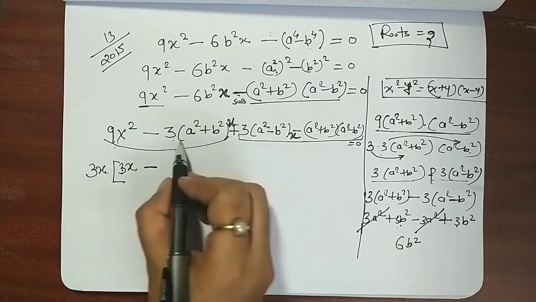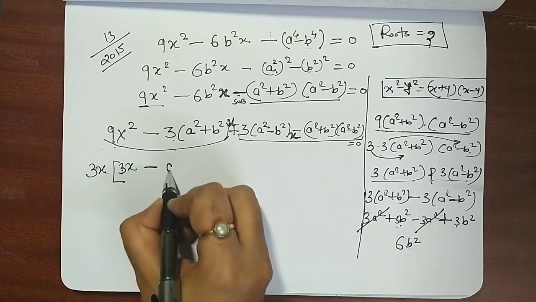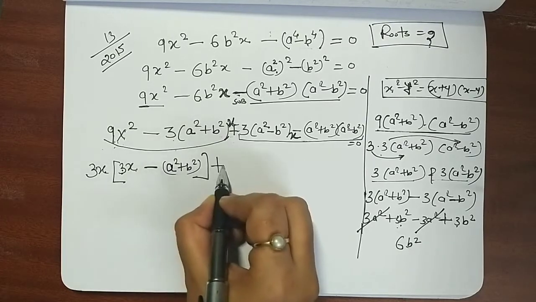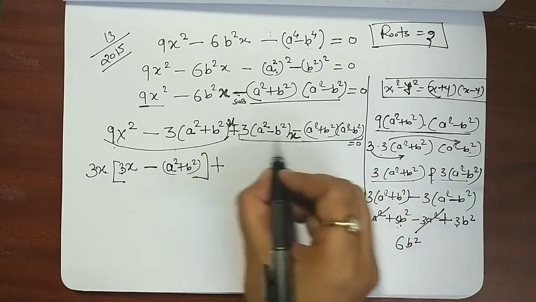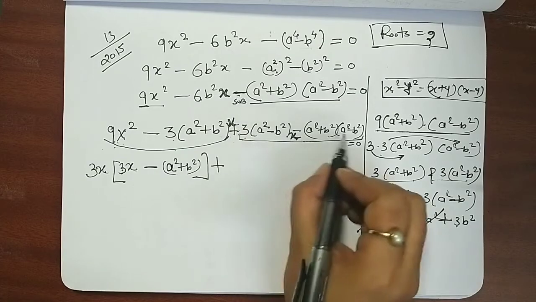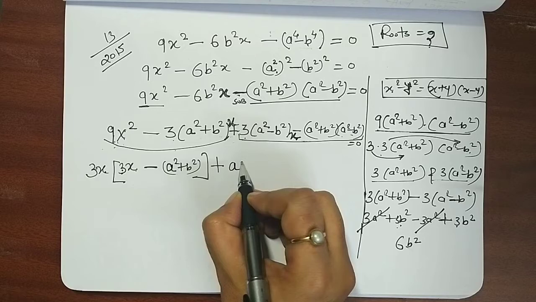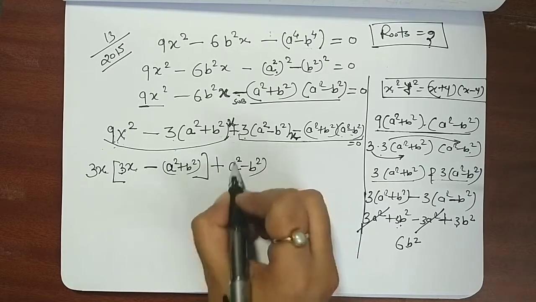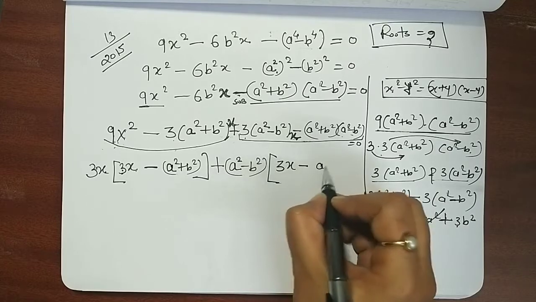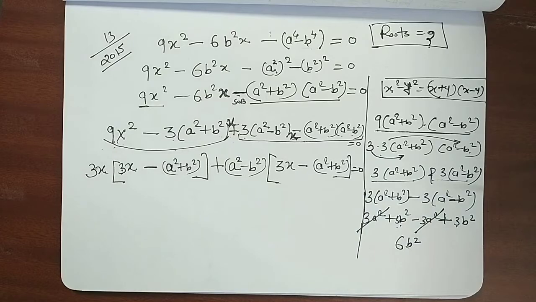So what is left here is minus of a square plus b square, plus out of this whole thing 3 I can take, no. Can I take x? No, because x is not here. I think only a square minus b square is coming common, and what is left is 3x minus a square plus b square is equal to 0.